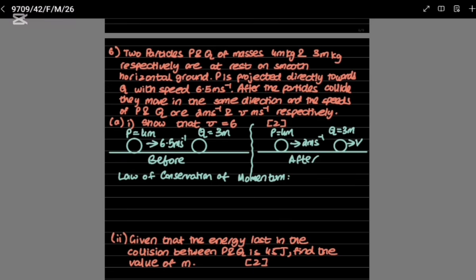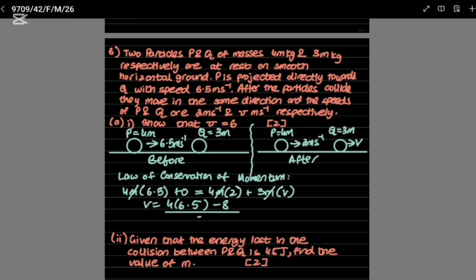Law of conservation of momentum: 4m into 6.5, Q is at rest, so 0, is equal to 4m into 2 plus 3m into v. We can cancel out the m's, it's everywhere. So what is v? v is equal to 4 into 6.5 minus 4 times 2, which is 8, over 3.